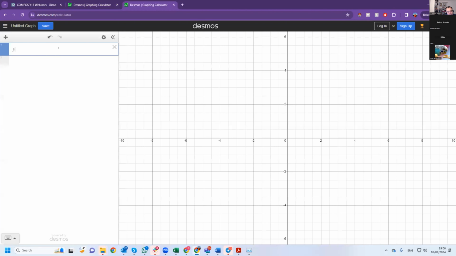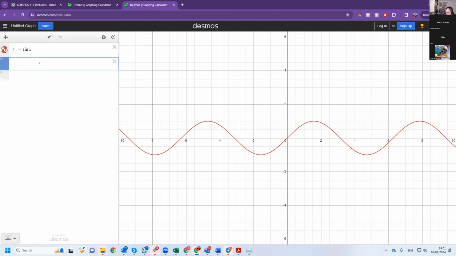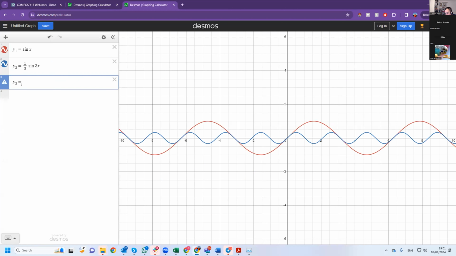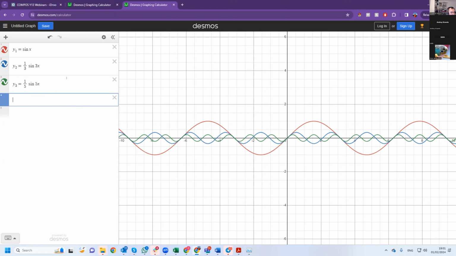Let's say we have y1 equals sine x, y2 equals 1/3 sine 3x, y3 equals 1/5 sine 5x, and y4 equals 1/7 sine 7x.